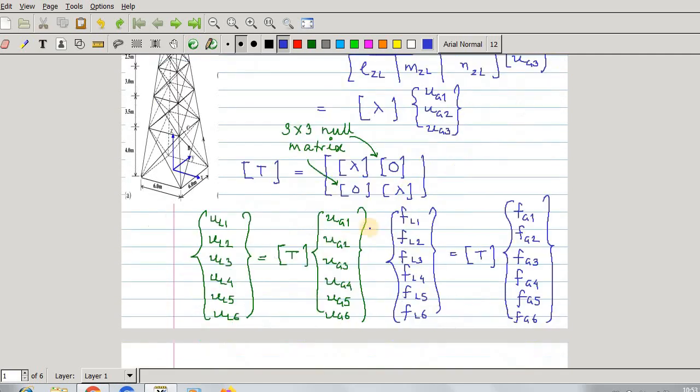And when we club the two vectors, that is the displacement at node 1 and the displacement at node 2, we have to use this transformation matrix T, which is lambda 0, 0 lambda. Similarly, the force vector also transforms according to the same relation.